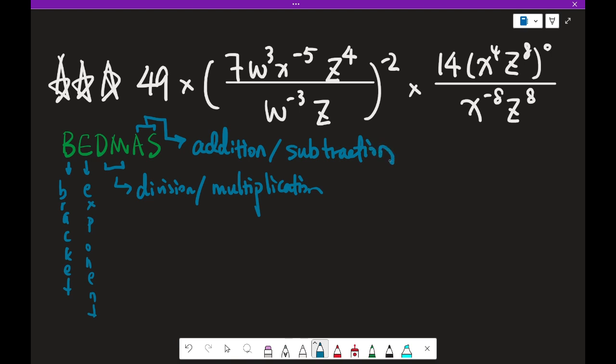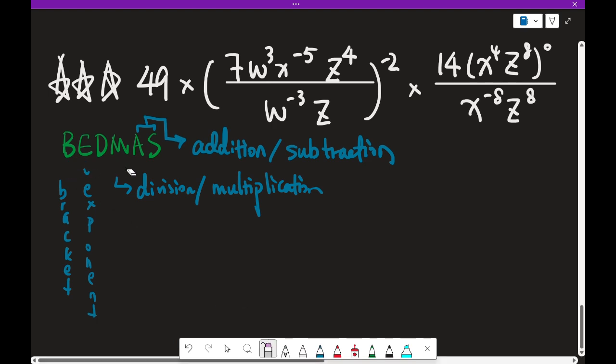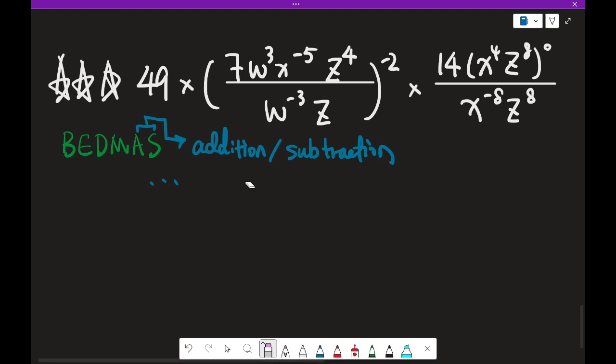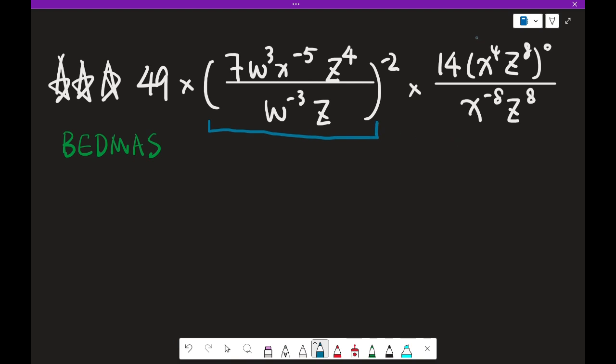Okay, so now based on this order of operations, we can start working on this question. First we want to evaluate these brackets. We have one bracket here and another bracket right here. You want to evaluate those two first and leave everything else as it was. So 49, we just leave it there.